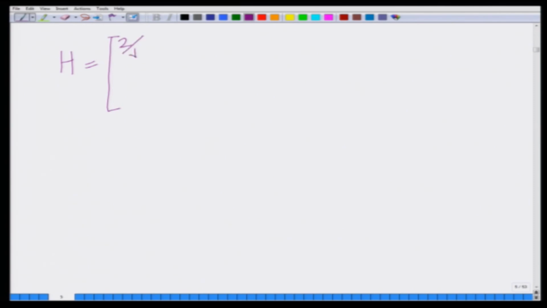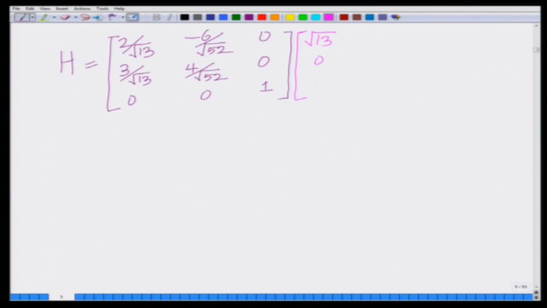I have 2 divided by square root of 13, 3 divided by square root of 13, 0, minus 6 divided by square root of 52, 4 divided by square root of 52, 0, 0, 0, 1 times square root of 13, 0, 0, 0, square root of 52, 0, 0, 0, 2.